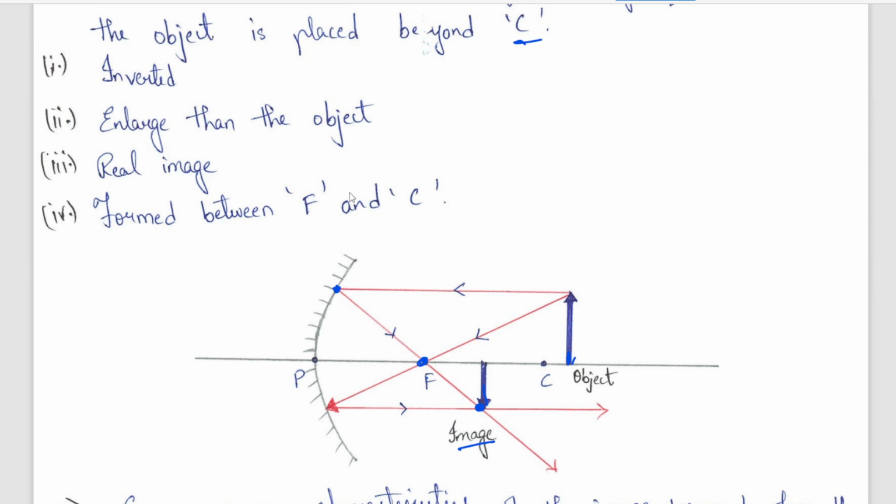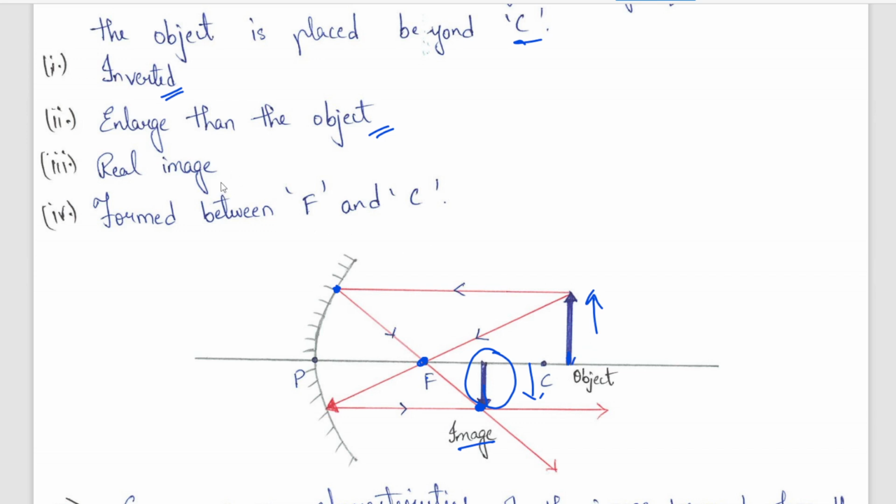So now let us see the characteristics of this image formed. The first characteristic is it is inverted. As I explained before, inverted means it is upside down. The object is like this and the image is in this way, so it is upside down. The second characteristic is it is enlarged compared to the object, meaning it is larger in size than the original size of the object.